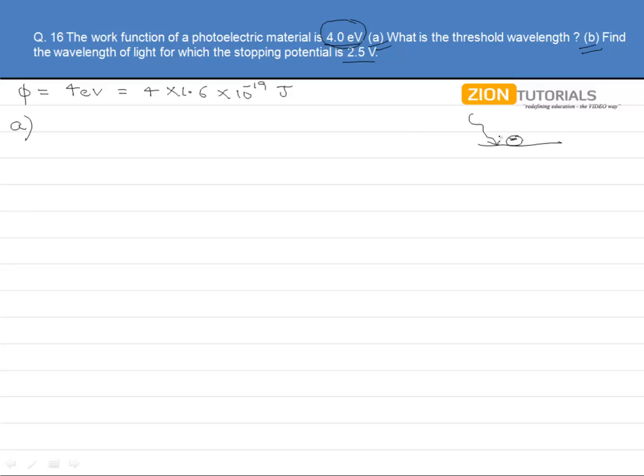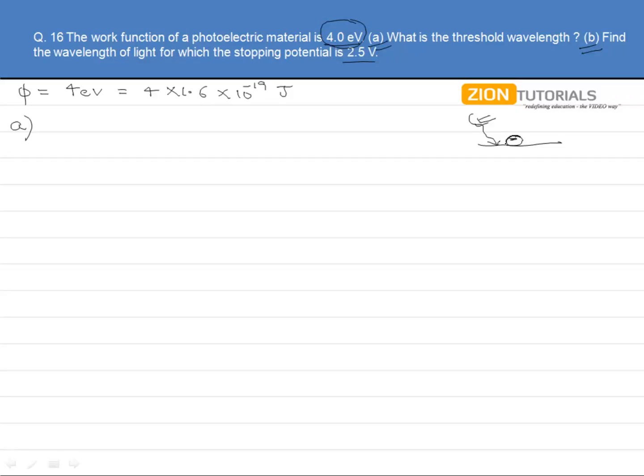And the lambda associated with that energy of the light wave is called the threshold wavelength. So basically it is the maximum wavelength with which the electron can be emitted out of the photoelectric material. So we need to find the same.